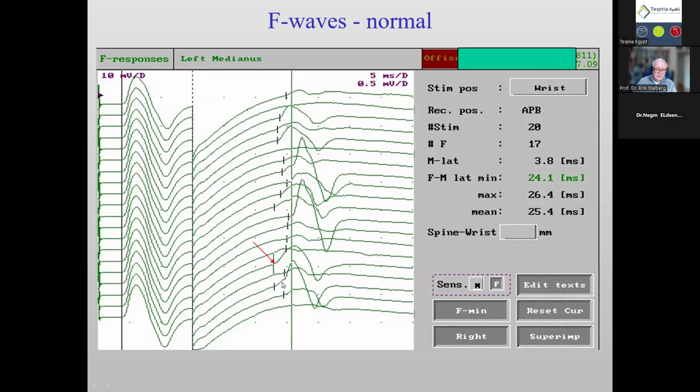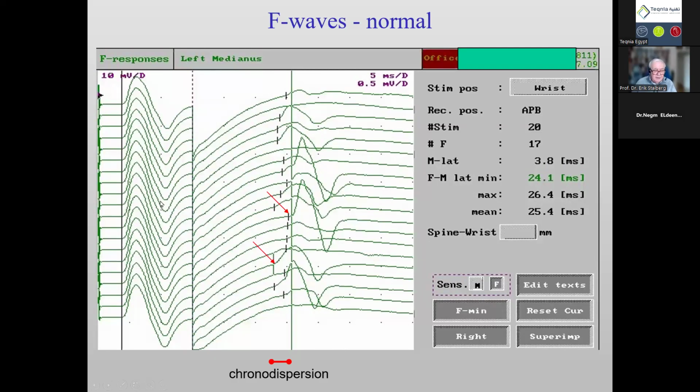That is the principle. And in some techniques, we also use the latest F response and measure between them, and that is called chronodispersion, to show the variation in slow and quick. But the shortest is our routine, and we often subtract.